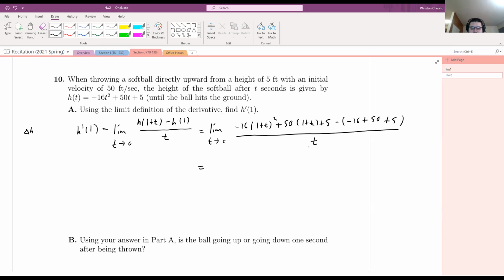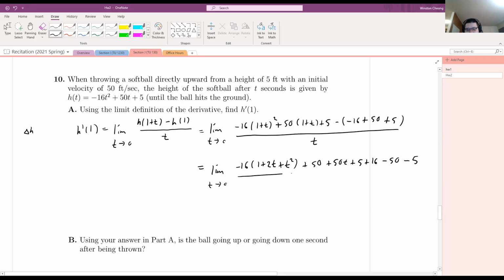Well, should I mark them yet? Or maybe not, because I still need to distribute this. So let me just put in that extra step: minus 16 times 1 plus 2t plus t squared, plus 50 plus 50t plus 5, and I can distribute the minus, why not, plus 16 minus 50 minus 5, all over t.